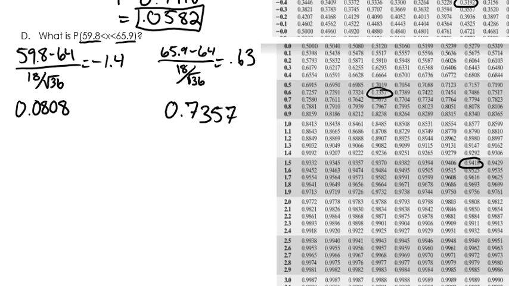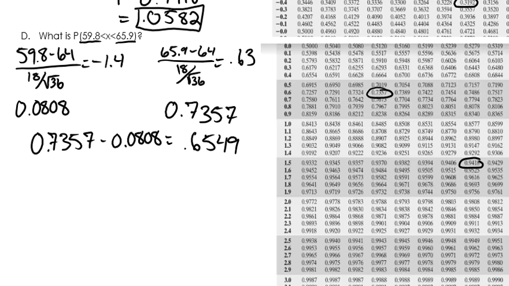Now our final step is to subtract. And we get an area of 0.6549. And this is our answer.